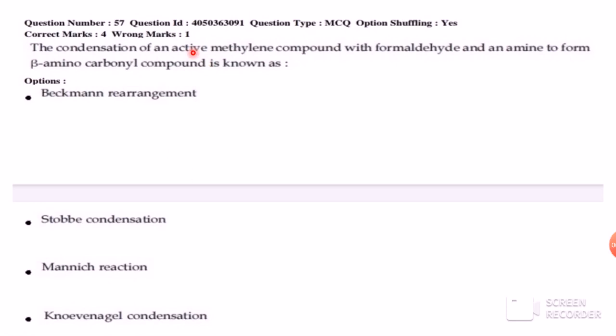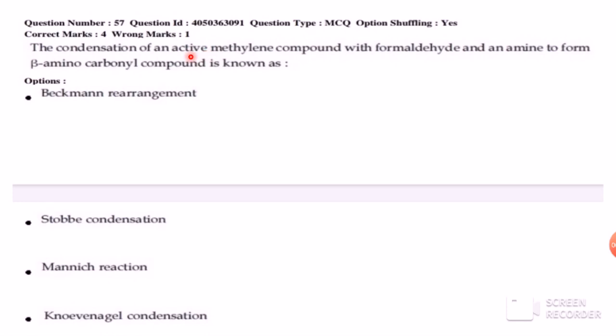An active methylene compound means a carbonyl compound having an alpha hydrogen atom, or a ketone having an alpha hydrogen atom, also called an active methylene group, because of the alpha hydrogen.